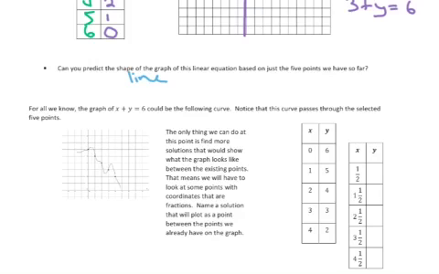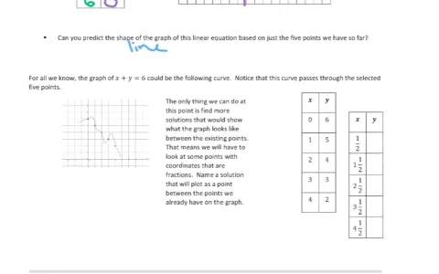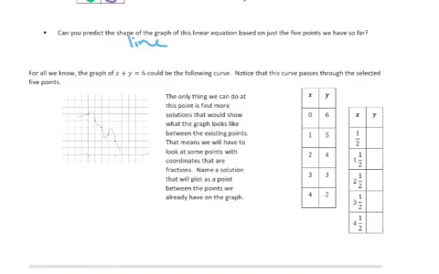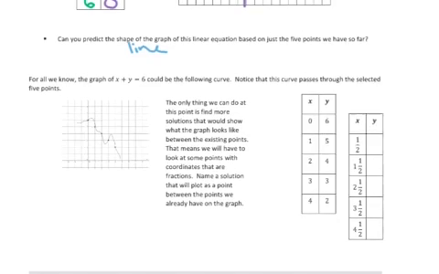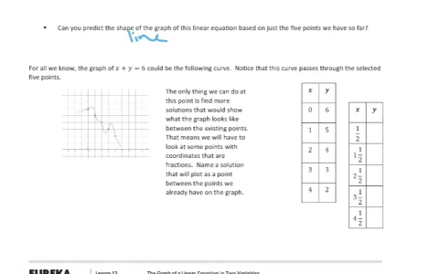The only thing we can do at this time is to find more points or solutions that would show what the graph looks like between the existing points. That means we will have to look at some points with coordinates that are fractions. So we now are going to continue our table, but this time we're going to go in between, and that may help us see what the shape of the graph would look like a little bit more realistically.